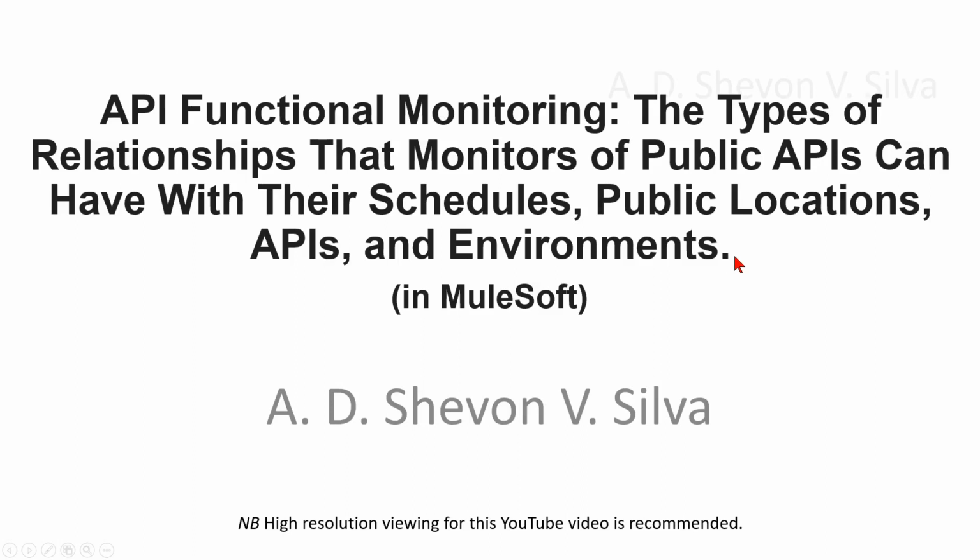API functional monitoring. The types of relationships that monitors of public APIs can have with their schedules, public locations, APIs, and environments.